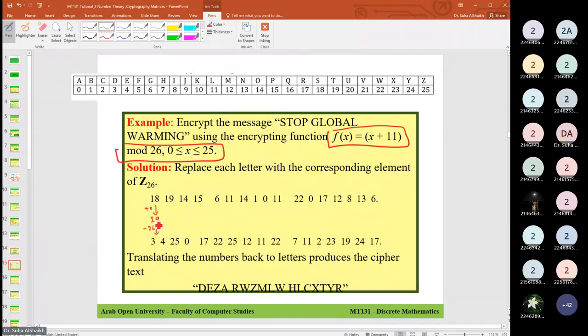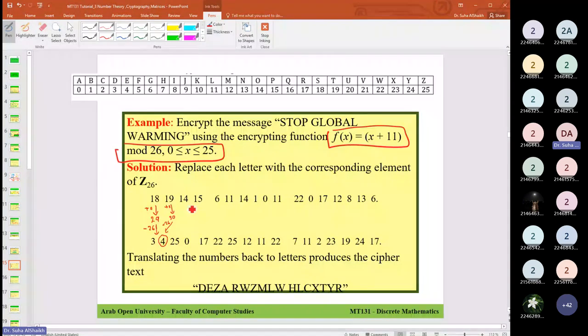Right? This is what? 3. Try for the 19. I'm going to add 11. This equals 30. You have to subtract 26. This will give you 4. Now the 14, add 11.